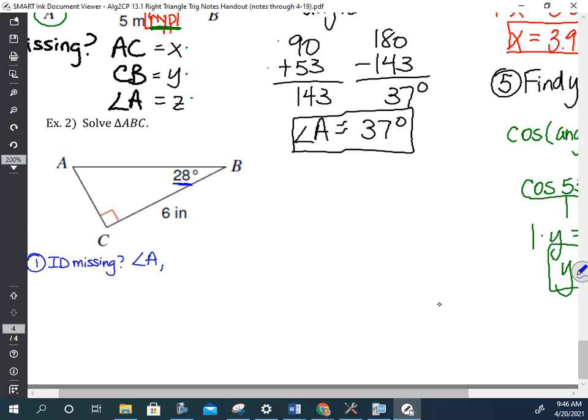There are two things we don't know. Look at the sides of the triangle. What don't we know? We don't know AB. What else don't we know?